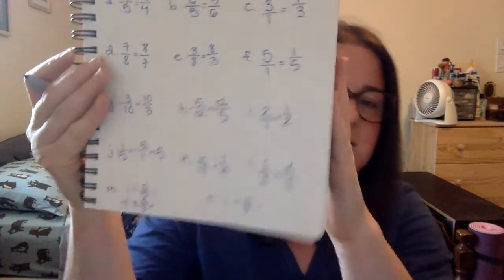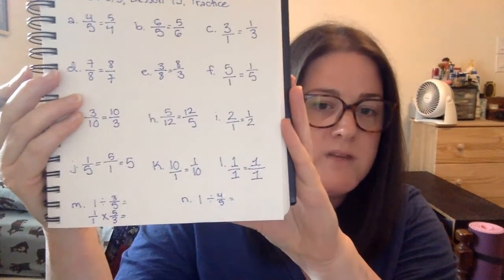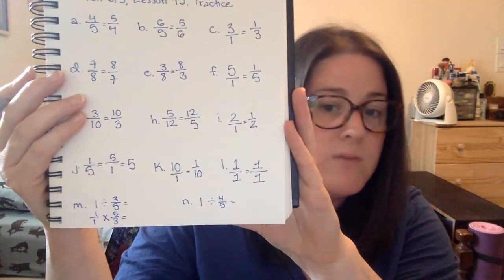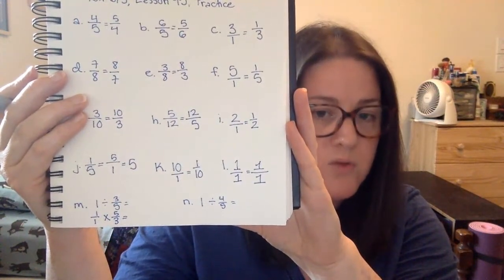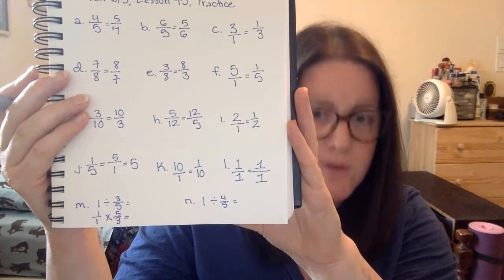1 is going to become the fraction 1/1. Division, we are going to turn into multiplication. And 3/5 we're going to invert and use the reciprocal 5/3. So then, instead of the division problem, 1 divided by 3/5, we have the multiplication problem, 1/1 times 5/3, which gives us 5/3.